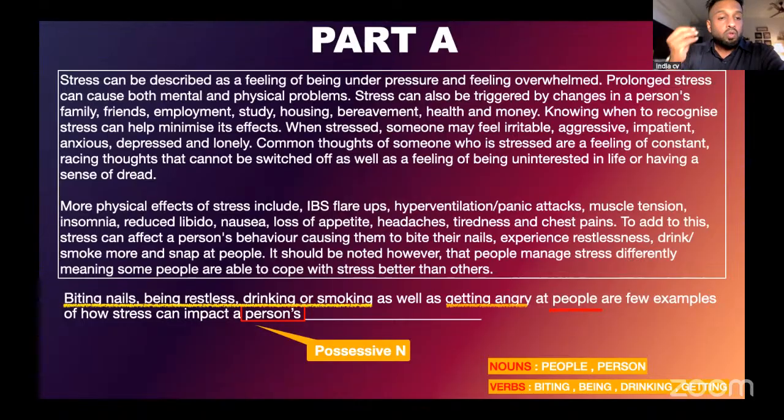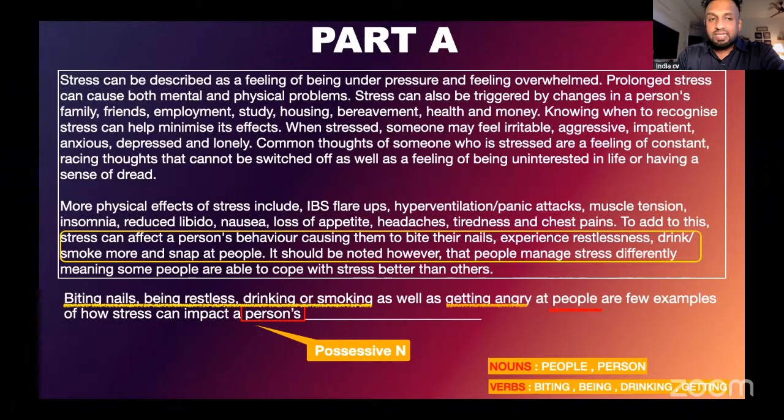Ask me how. What you need to do is just find these verbs, and finding these verbs would be super easy. But these verbs may have a synonym, so you'll have to be a little careful. If you look into this paragraph quickly, you'll understand everything is over here. I can see biting the nails, experiencing restlessness, drink, smoke, snap at people.